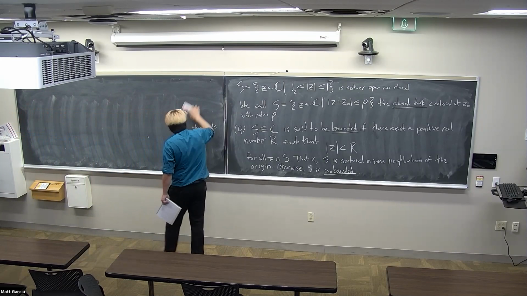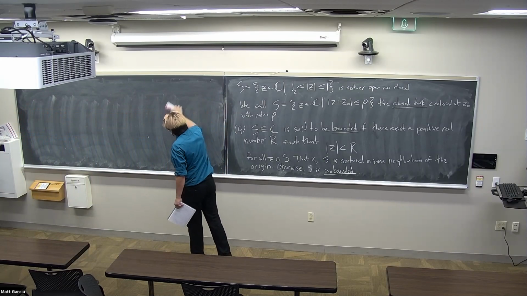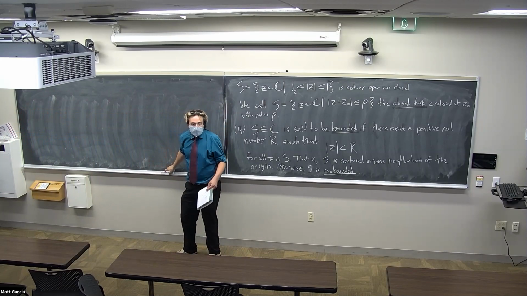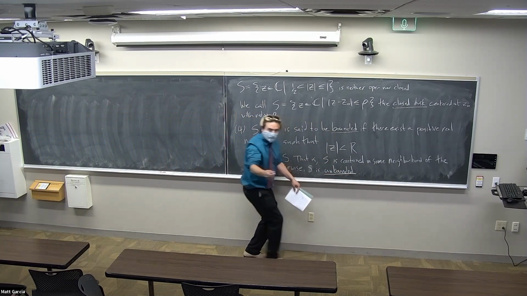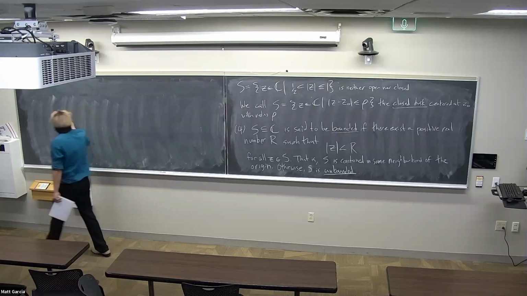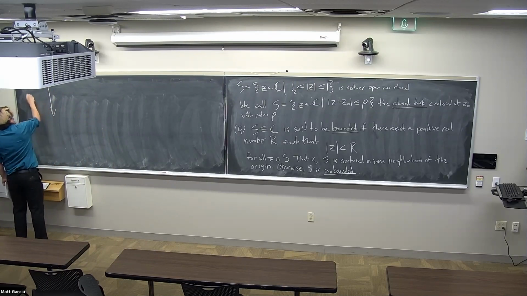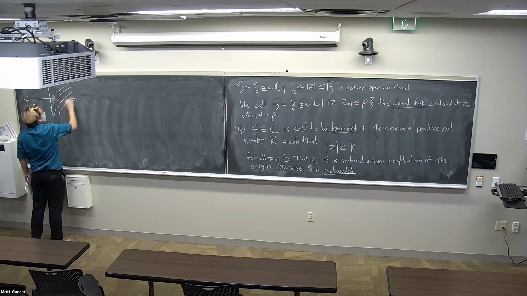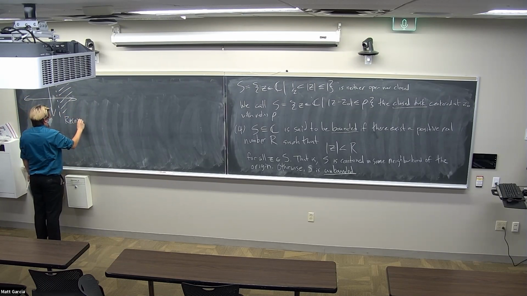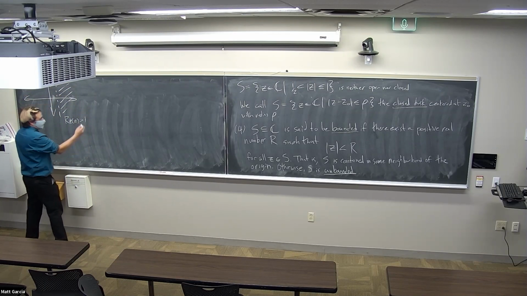Well, like the real part of Z being greater than a constant. Yeah. Right, any half plane, for example, right? That is to say, let's say the real part of Z is strictly greater than 1, unbounded, right?